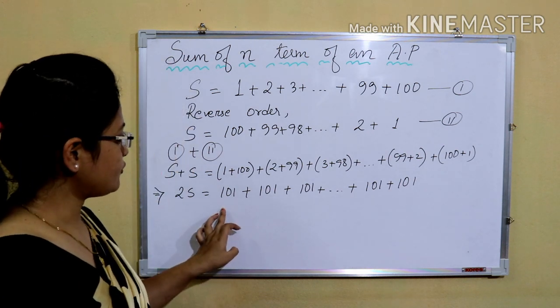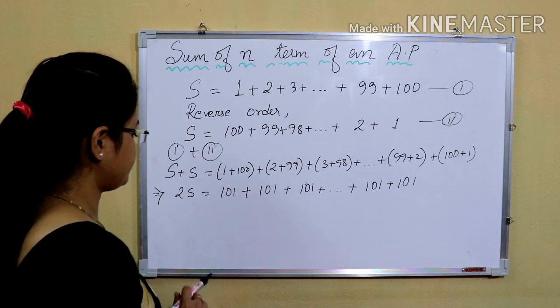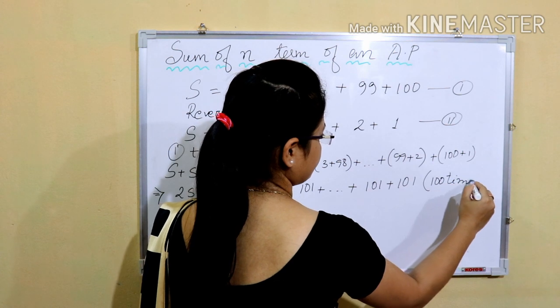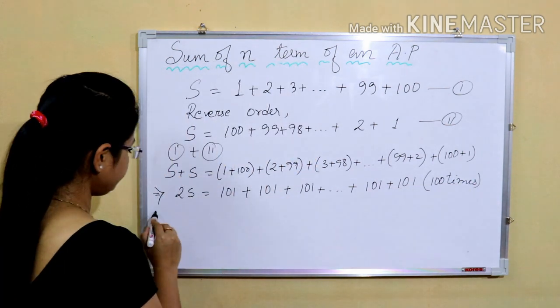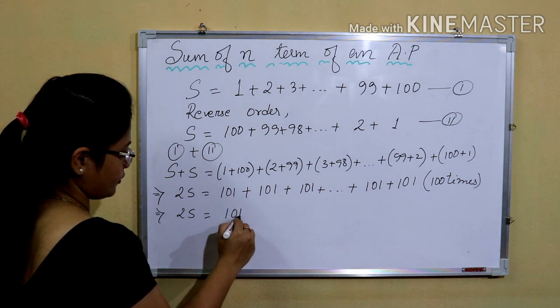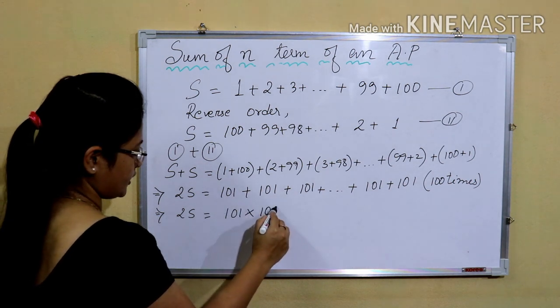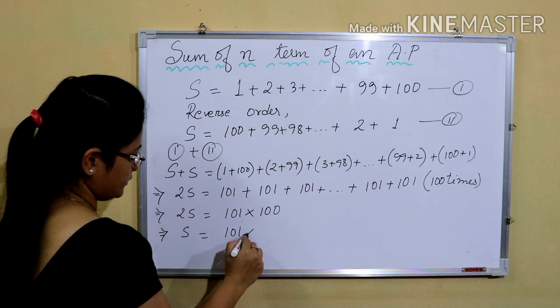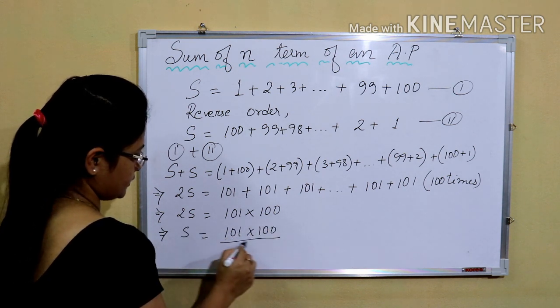So here this 101 is repeated 100 times. We can write 101 into 100, so S is 101 into 100 divided by 2.